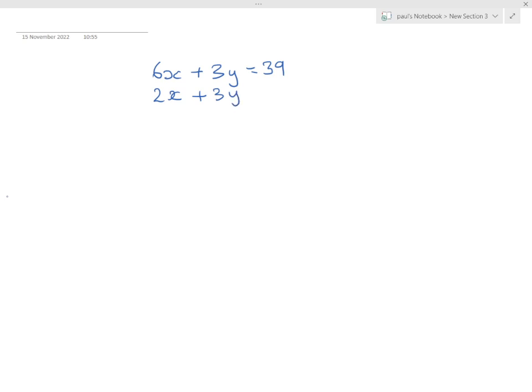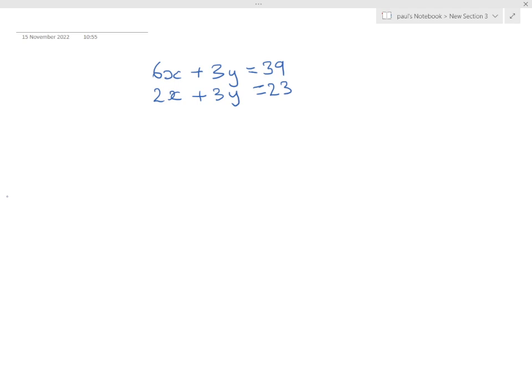There is no way that you can find out what x or what y is with just one of these lines, because there's going to be different permutations of what the numbers are. But if you have two of the lines, then you can work out what x and y is virtually at the same time. So therefore simultaneous.